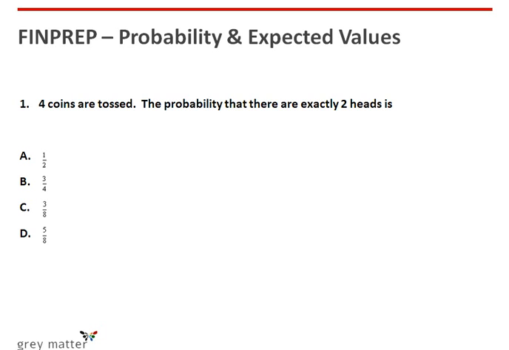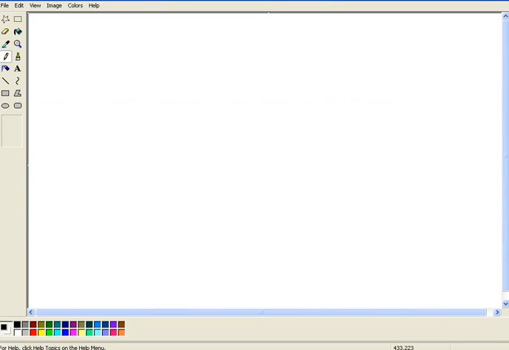First question: 4 coins are tossed. We need to find the probability of getting exactly 2 heads, which is given by a standard formula. Actually, we work out like this.